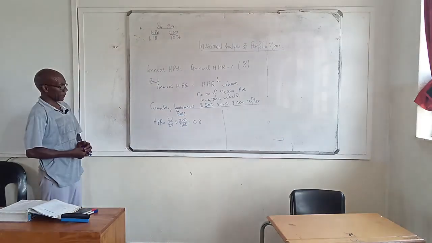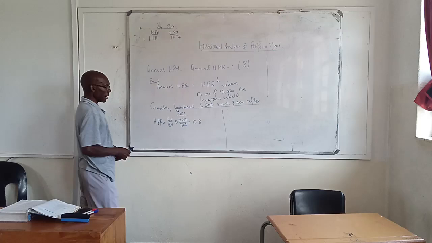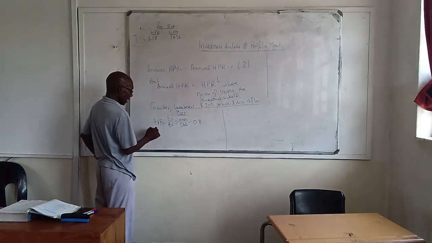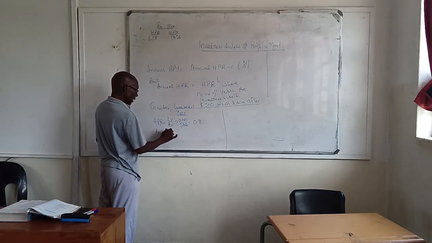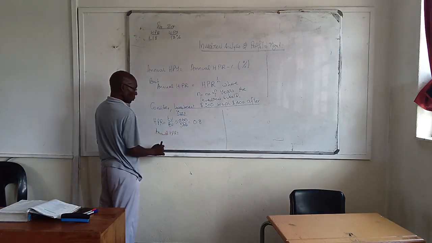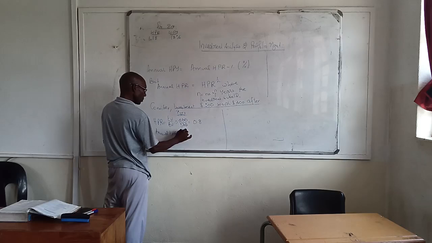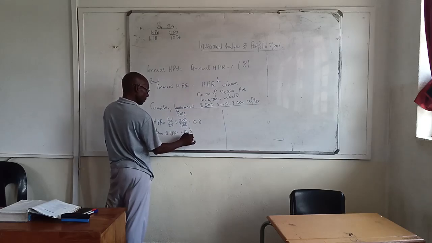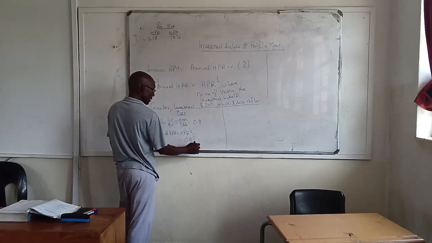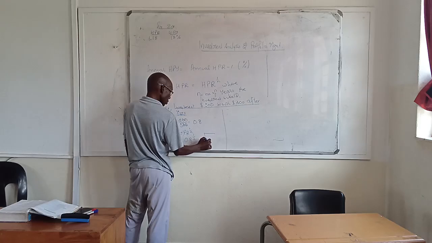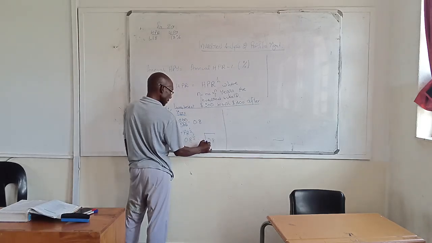Let's go to this one. So our annual HPR is equal to HPR to the power 1 over n, and this implies that it's 0.8 to the power 1 over 2, and this is the square root of 0.8. Work out that.